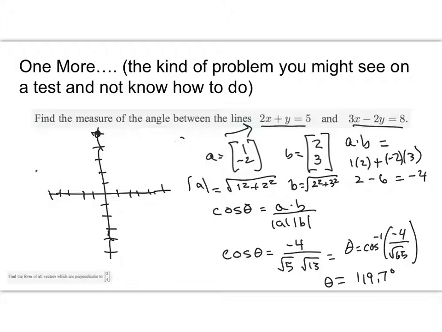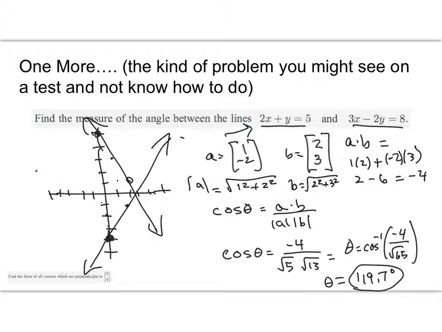So the intercept was 5, and I would go down 2 and over 1, down 2 and over 1, and I could plot this line something like this. Okay, and then the second one, the intercept was negative 4, and I moved up 3 over 2, and I could plot this line.